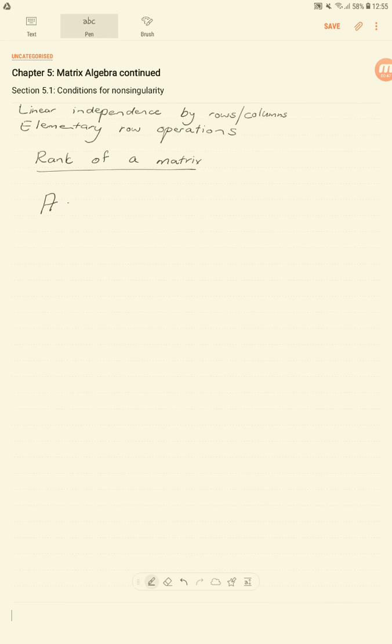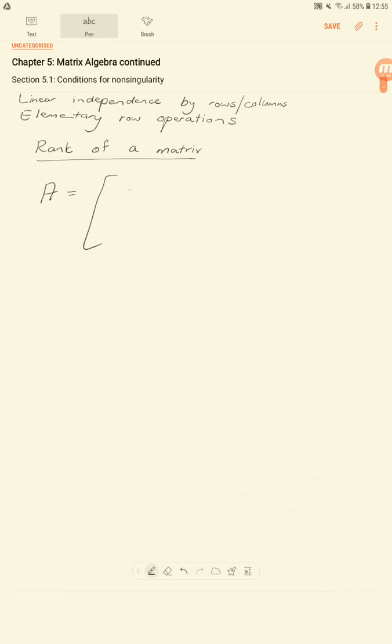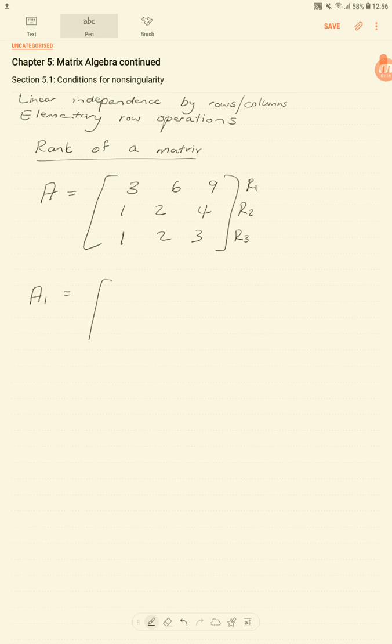Suppose we have matrix A as the following. What I do is I label the rows, row 1, row 2, and row 3. We then move on to our elementary row operations.